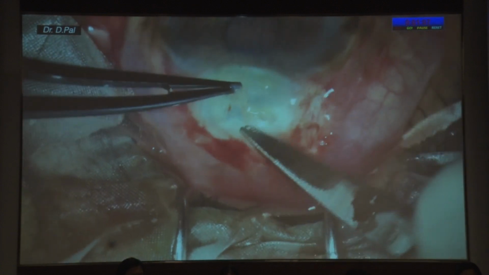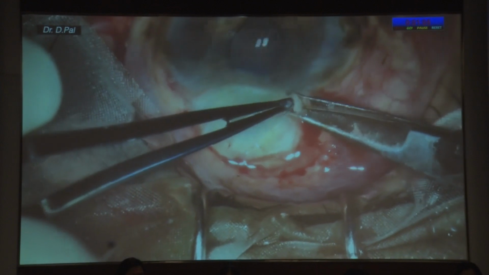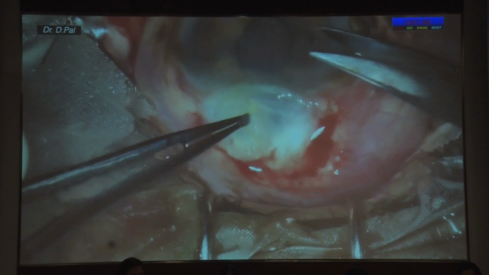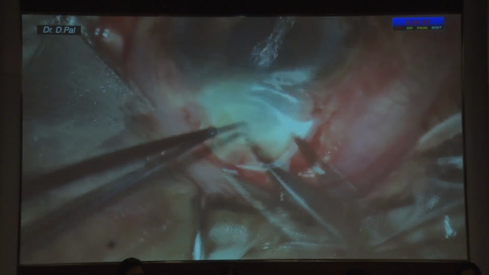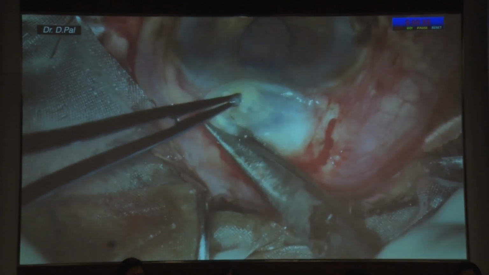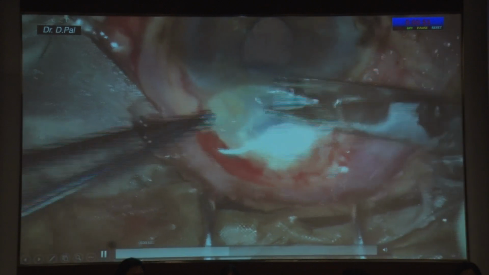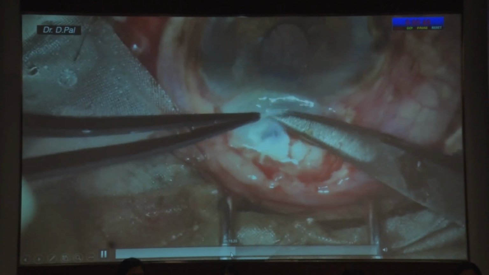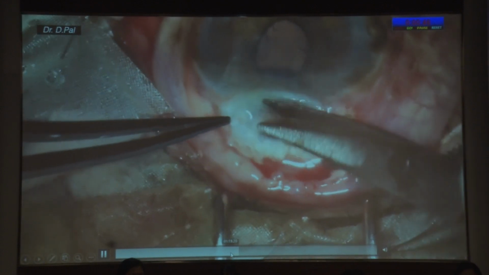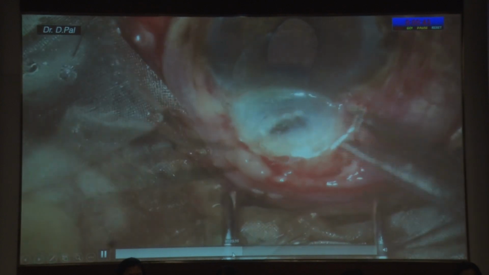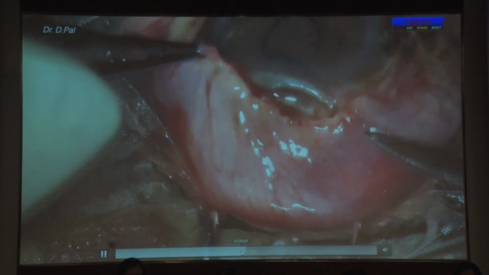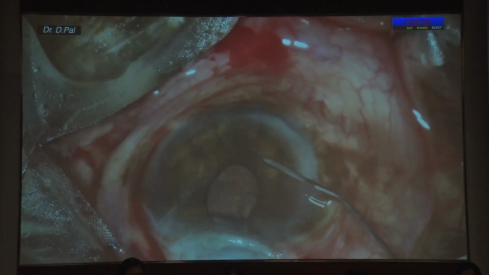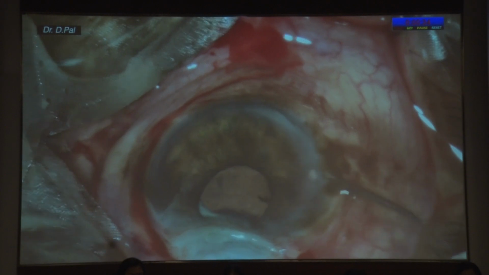Then we attack the central necrotic area, taking the roof of the cystic bleb, deroofing it completely. At this point, we just see whether the complete hooding along with the conjunctiva is possible or not.